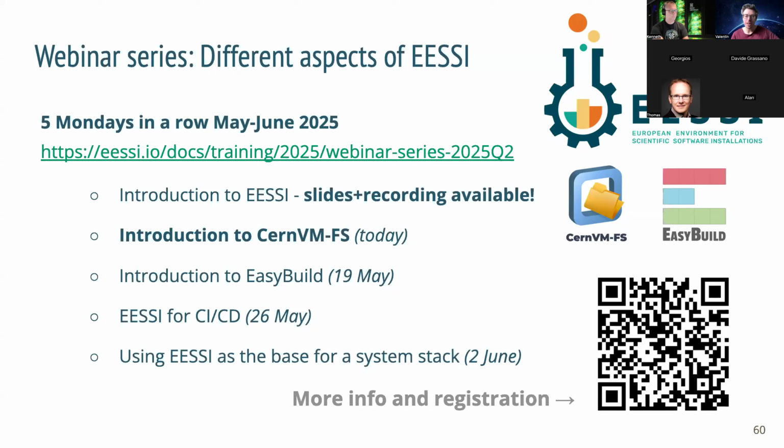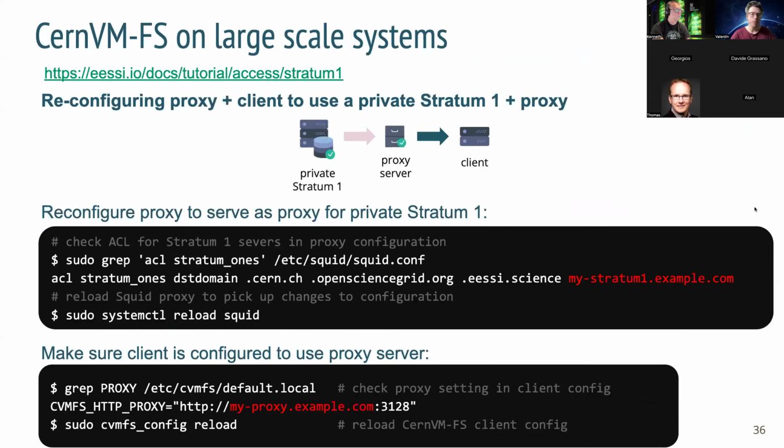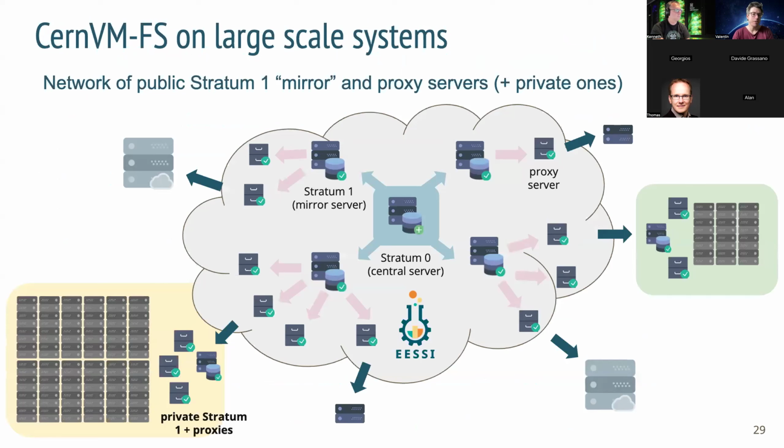Yeah, it's a good question. I think if you have a really private Stratum 1, that can work quite well for some time. The idea in the end is to free up the Stratum 1 for several tasks that can take longer as the repository grows, in particular doing the snapshots, doing the garbage collection, and these other things. We usually don't have a private Stratum 1 at all of the data centers.